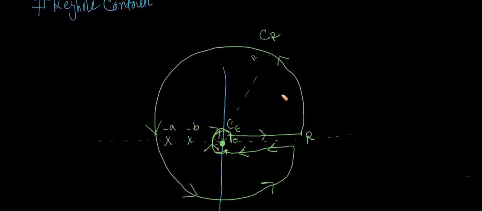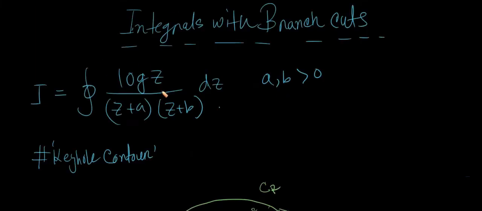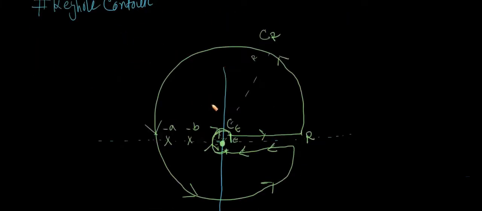Now, if you recall, log of z or ln of z is actually a multivalued function, and this origin, or 0, is a branch point of the logarithmic function. Since it is a multivalued function, we cannot do a 2 pi rotation in the z plane.